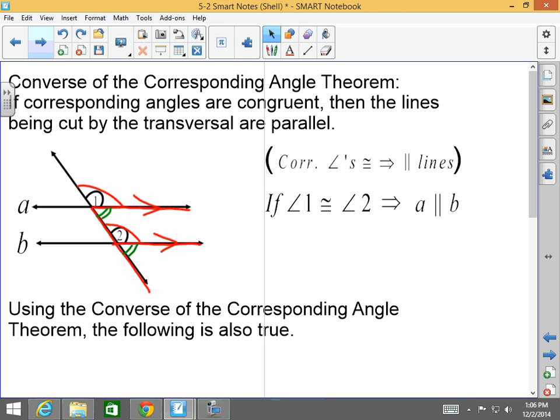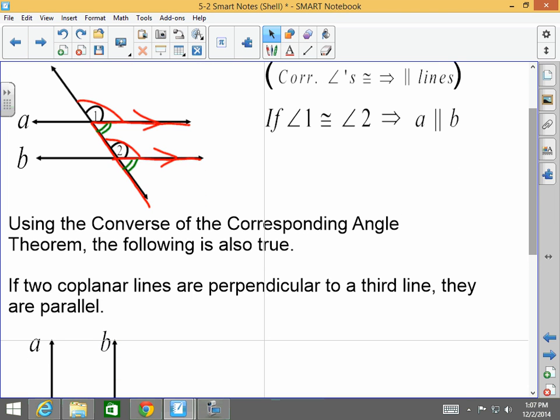So if alternate interior angles are congruent, if alternate exterior angles are congruent, if corresponding angles are congruent, then the lines being cut by the transversal are parallel. Now, using the converse of the corresponding angle theorem, the following would also be true.